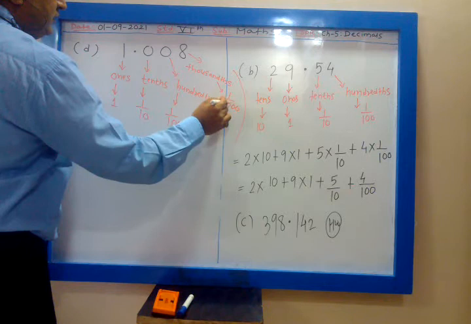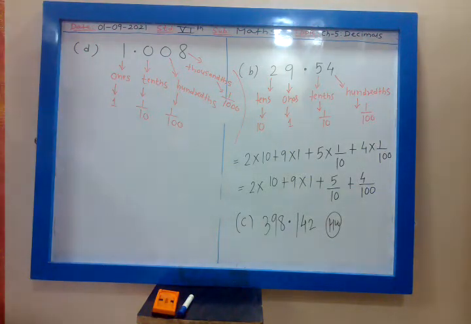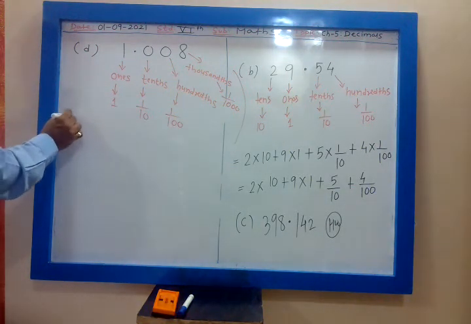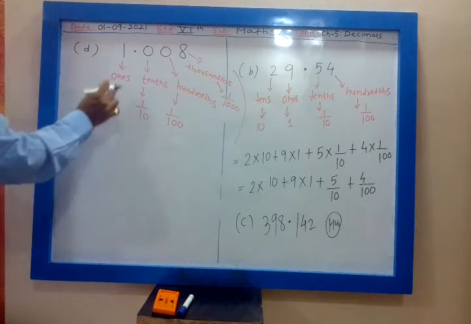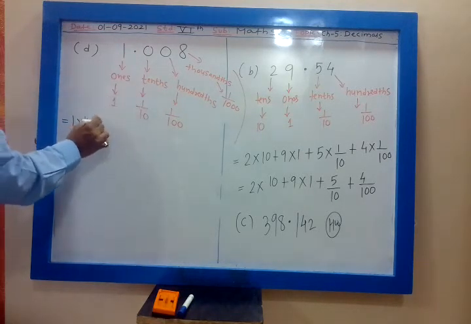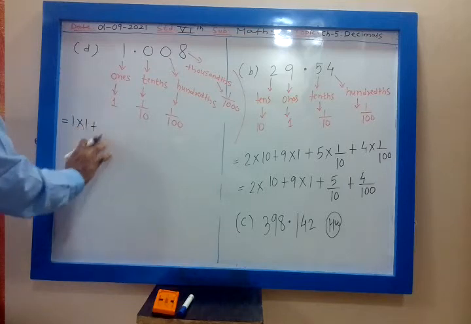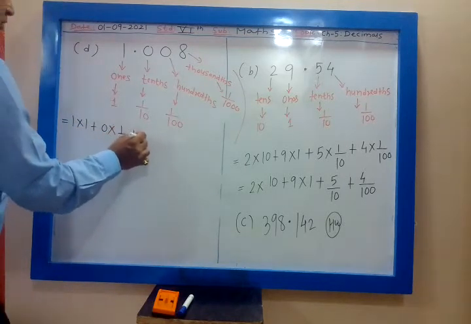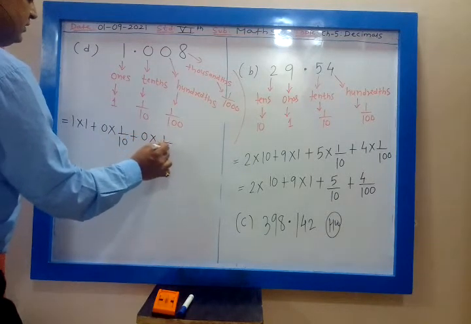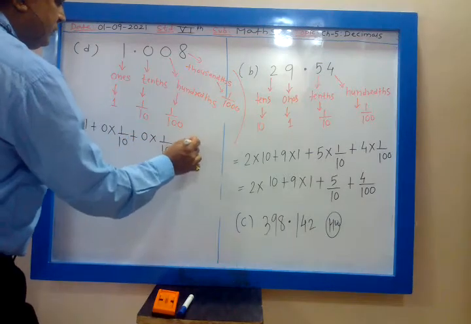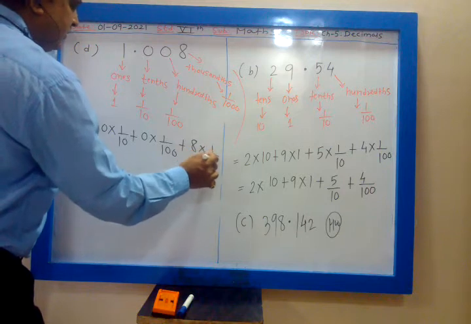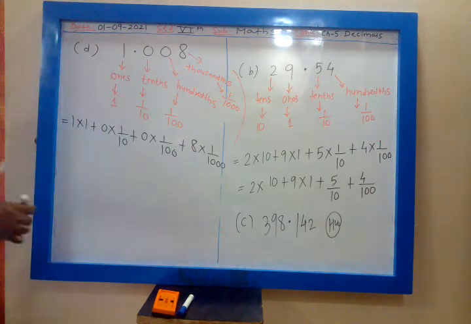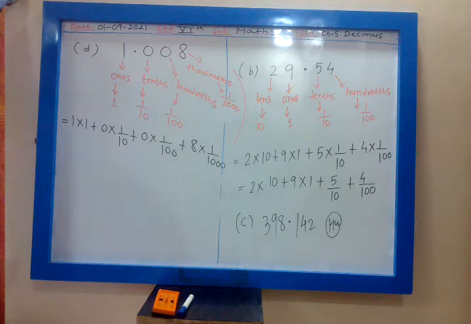So let us multiply 1 by 1. So 1 into 1 plus 0 into 1 by 10 plus 0 into 1 by 100 plus 8 into 1 upon 1000.